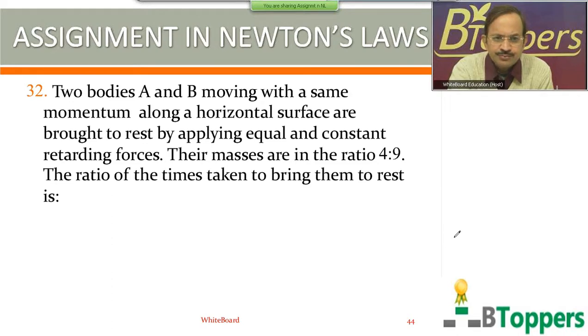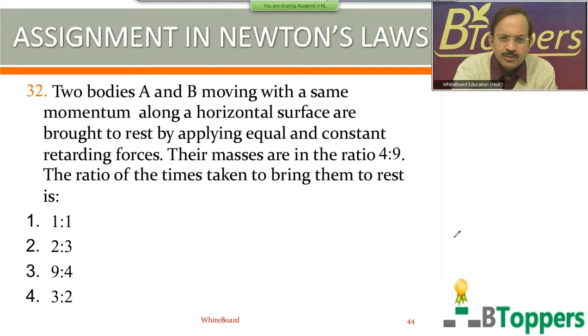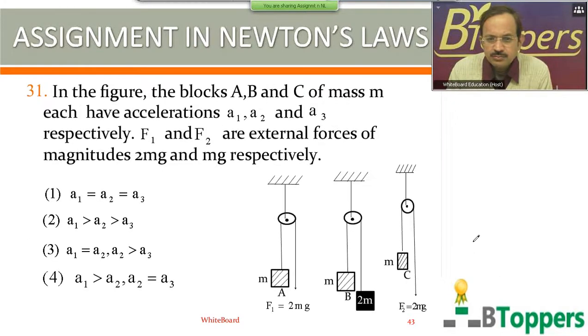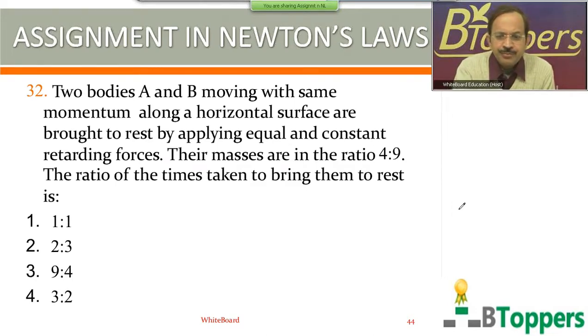Next you see question number 32. Two bodies A and B moving with the same momentum along a horizontal surface are brought to rest by applying equal and constant retarding forces.